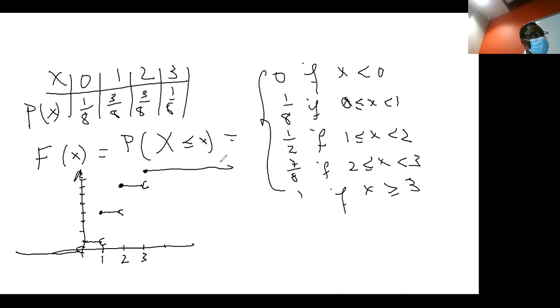So now we want to get into the next section, 3.3. Averages. Let's call this averages.